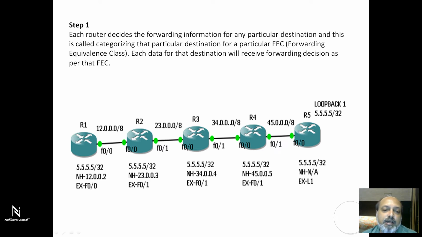Once again I repeat, in case of MPLS, the previous hop router is helping out the next hop router as to how to forward the data. That means whenever, say, R2 is forwarding data to R3, it is also helping R3 to take the decision of how to forward the data to R4, right? This is the actual story behind the popularity of MPLS.